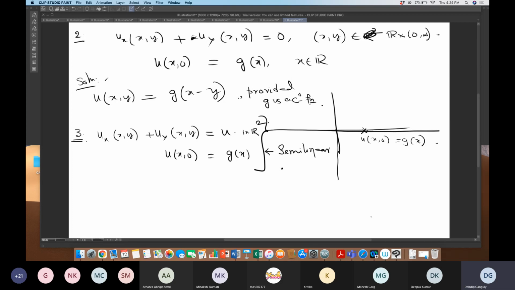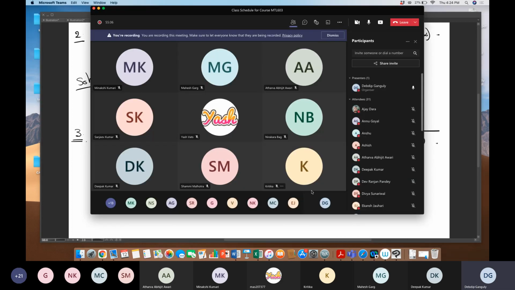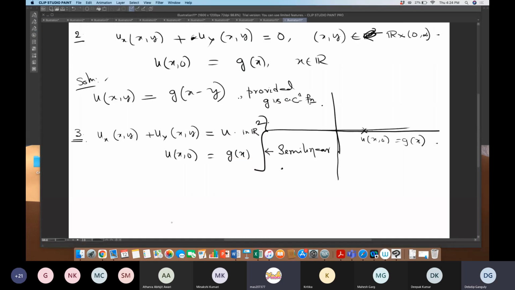Who will help me to do this problem? Yash, you want to do this? We can do it by the same process. Same thing. What will you do? First, take a curve, right? Gamma of t is (x(t), y(t)). Now, what we will do?